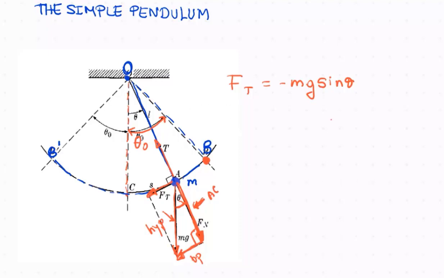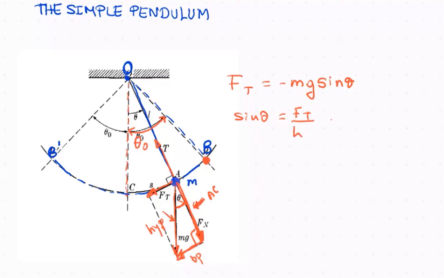So we know that sine of theta is equal to the opposite component divided by the hypotenuse.